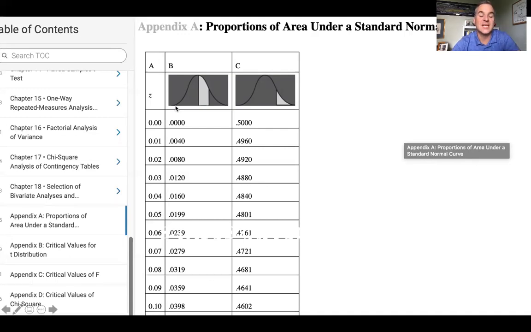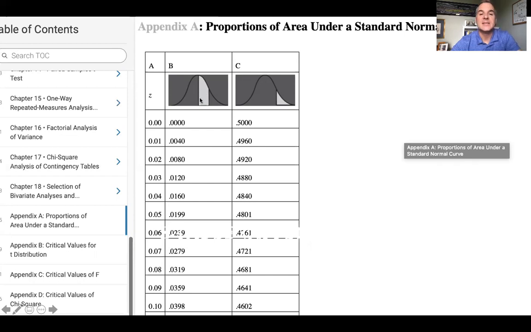Here you can see, and this is a fairly typical setup, you have 3 columns. Column A is values of z, and in this case, it goes in hundredths in terms of decimal places. So you have a z of 0, z equals 0.01, z equals 0.02. And this is obviously just part of the page that I've captured here. It goes on quite a bit after this.